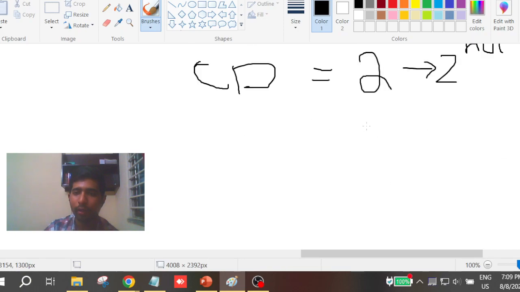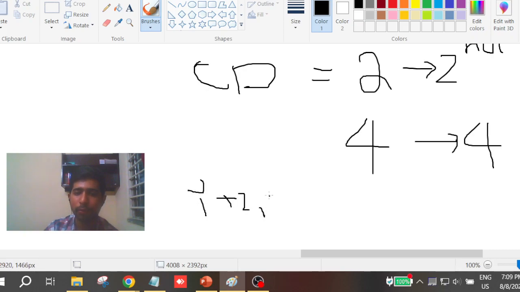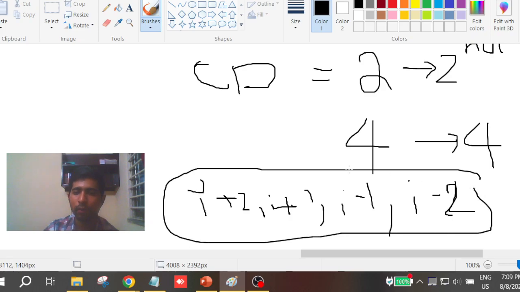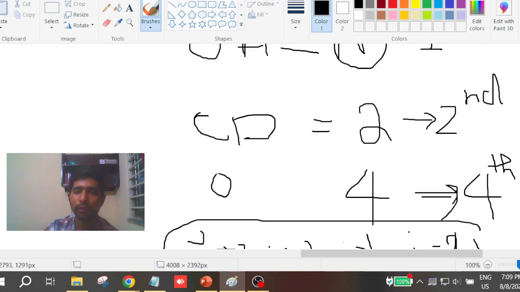Here you will directly jump to 4. If you have I plus 2, I plus 1, I minus 1 and I minus 2, there are 4 grid points involved in the finite difference formulation. 4 grid points corresponds to fourth order accuracy. So order of accuracy will be equal to n directly, not n minus 1.